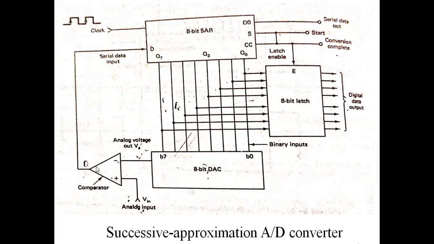Depending on the output of the comparator, the successive approximation register will then either keep or reset this Q6 bit. This process is continued until the SAR has tried all the bits.